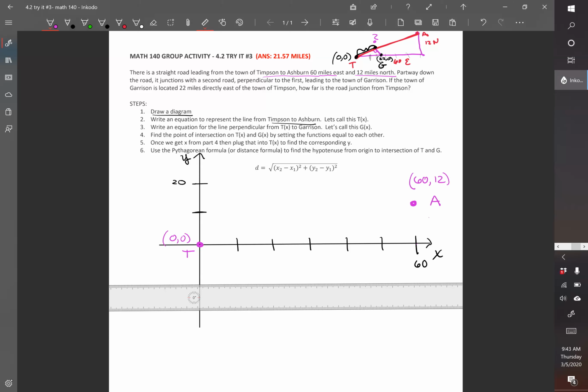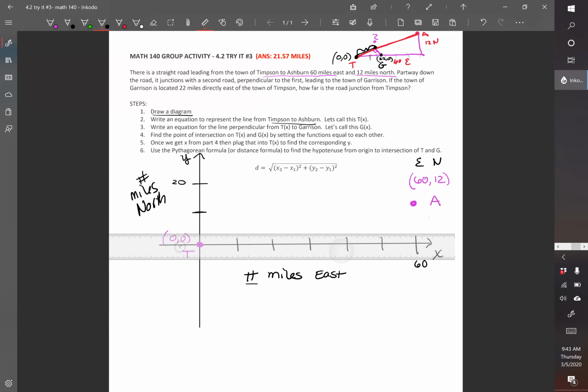Okay, so it's the way this is laid out. This is east, or miles east from the origin of Timpson, and this is number of miles north. So we do want to track that. So again, this is east and this is north, is how that's set up. So we can take our straight edge and we can connect.